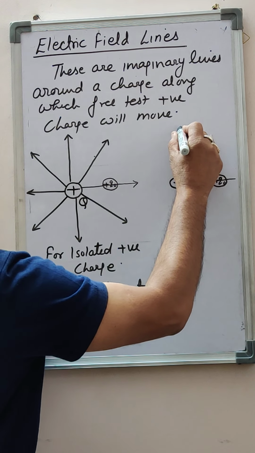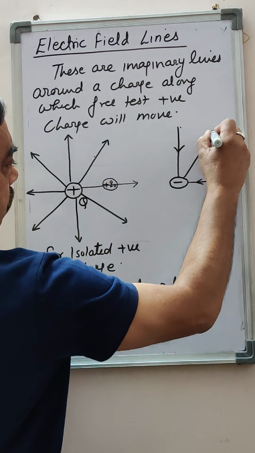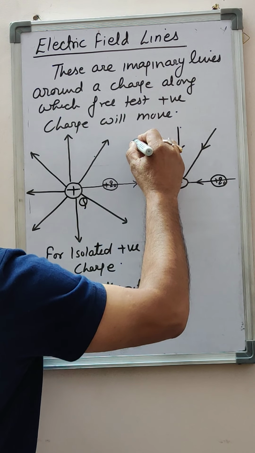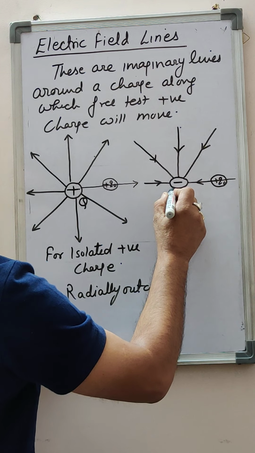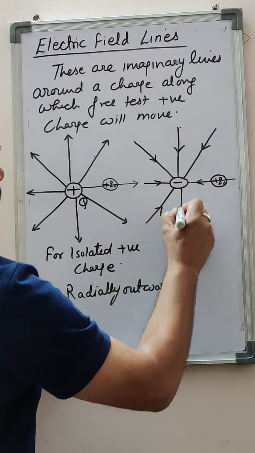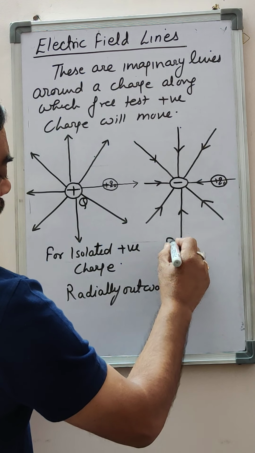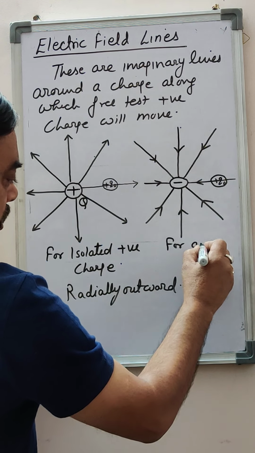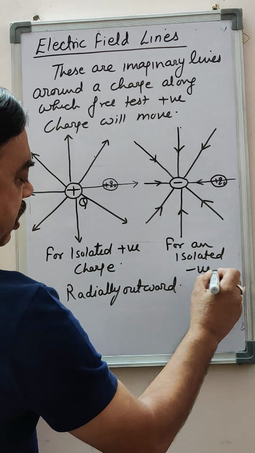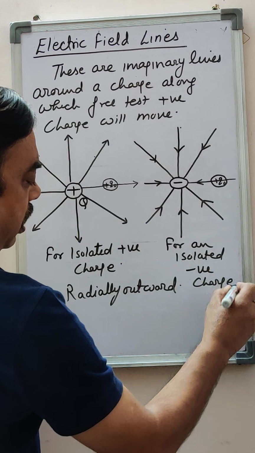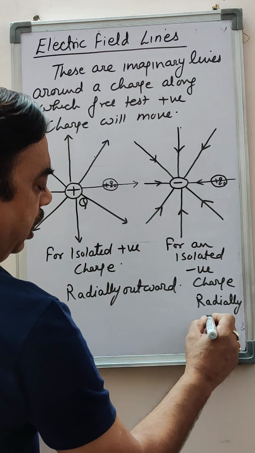So these are the electric lines of force for an isolated negative charge, and these lines of force are radially inward.